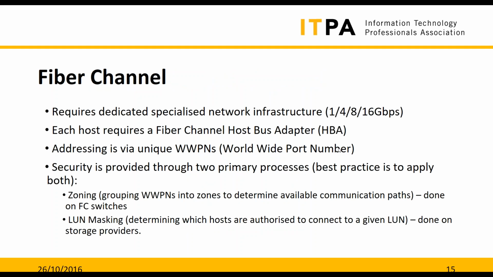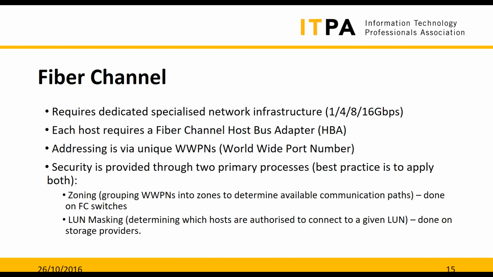So fiber channel requires that you have dedicated specialized network infrastructure. So you can't use a standard Ethernet switch. You need a fiber channel switch. It's different. It speaks a different layer 2 protocol to Ethernet. Fiber channel gear tends to run at 1, 4, 8, or 16 gigabit per second.